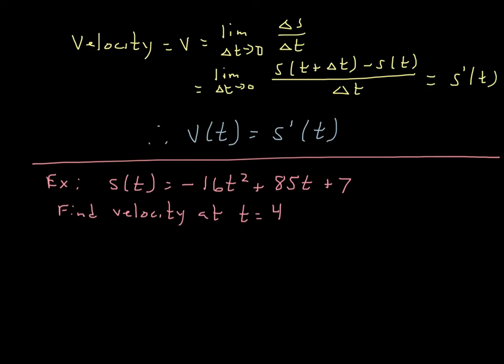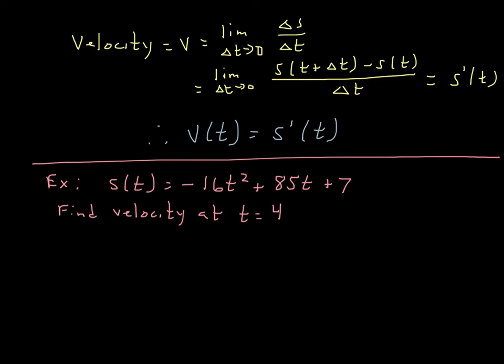Well, from what we knew before, the delta S, the change in position, is going to be S of T plus delta T minus S of T. So this velocity is equal to the limit as delta T approaches 0 of S of T plus delta T minus S of T over delta T.